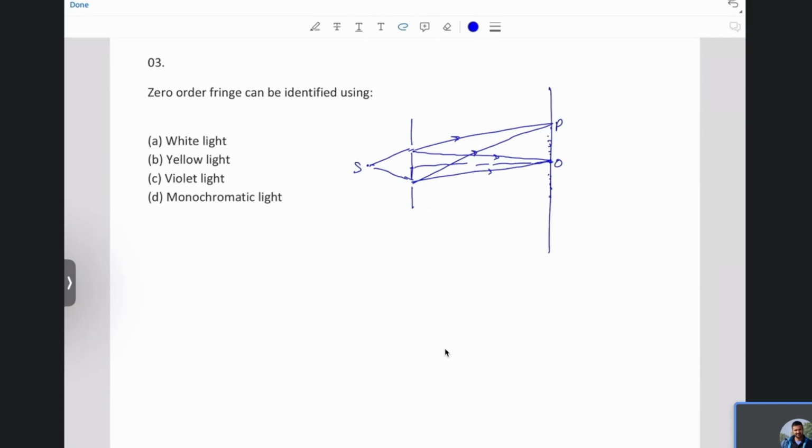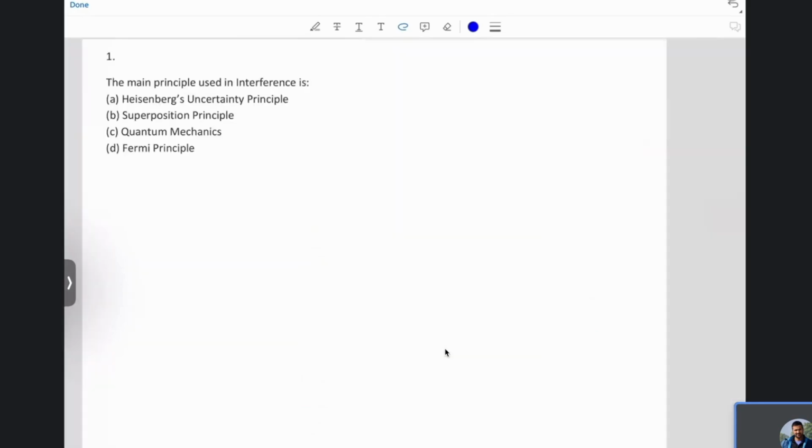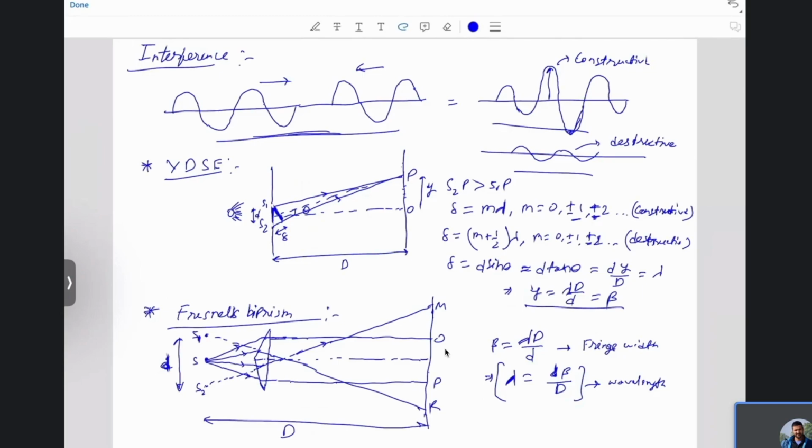But at other distances, this path difference depends on lambda. I just showed you the formula, right? So delta depends on lambda here, m lambda or m plus half lambda for constructive and destructive.